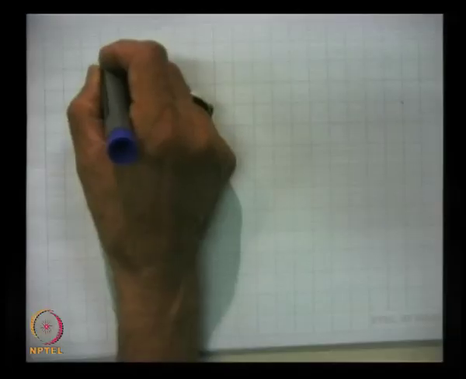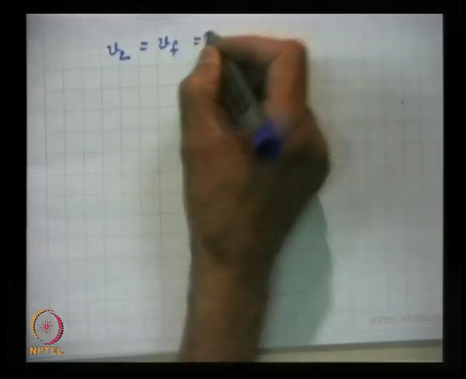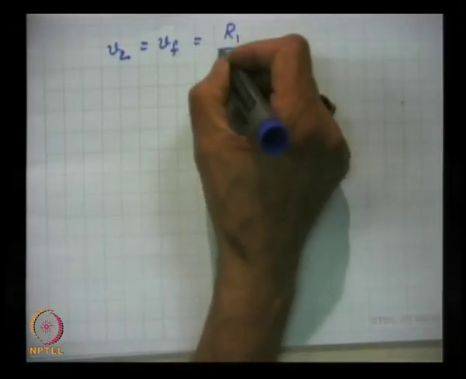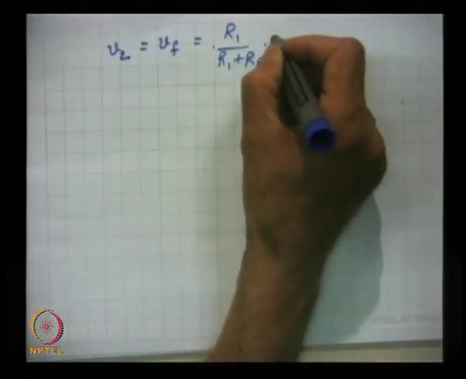Now from this equation, V2 equal to Vf, which was equal to the voltage divider R1 over R1 plus Rf into V0.